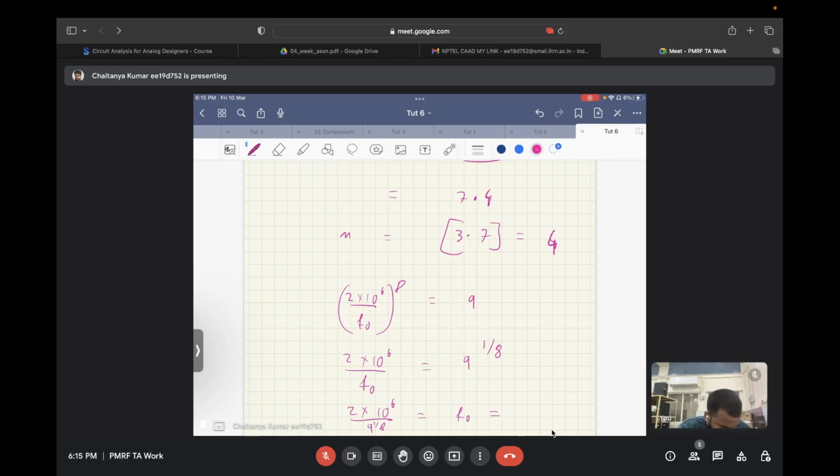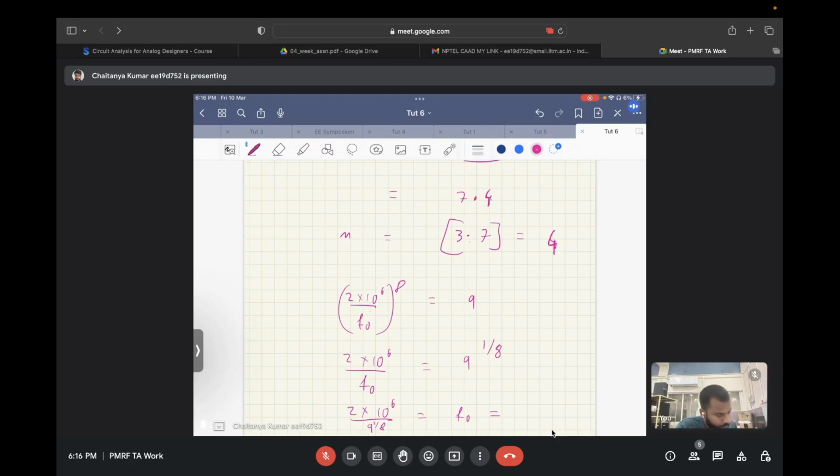So 9 to the power 1 by 8 is 1.31. Sir, I'm getting 1.5196, sir. Okay, the final answer you are talking about, is it? Yes, sir, after taking the whole thing in megahertz. 1 by 8 is 0.125, sir. 9 to the power 0.125, inverse, into 2, I got 1.51.